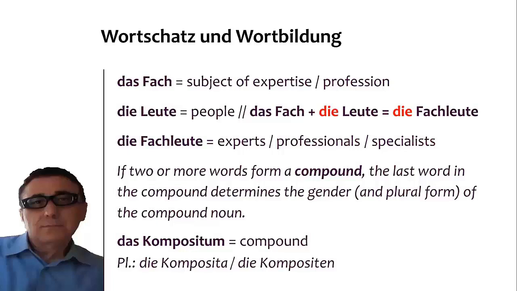As we have seen in our example, the article of Fach is das, and the article of Leute is die. According to our rule, our final word, Fachleute, bears the article of the last word, die Fachleute.